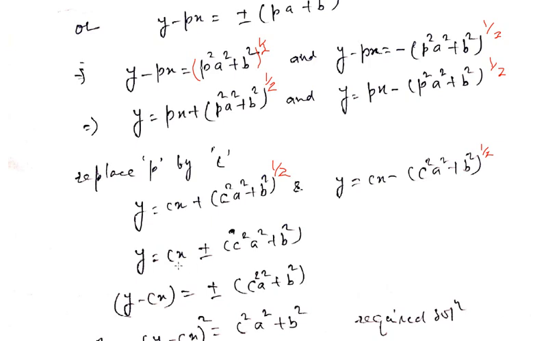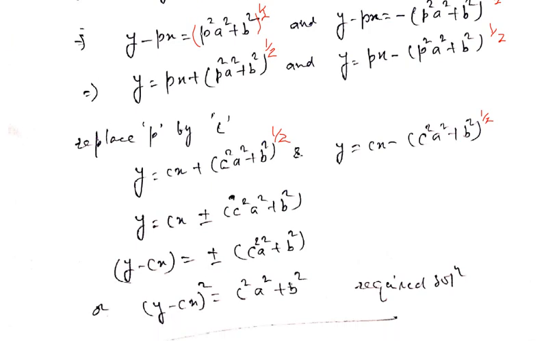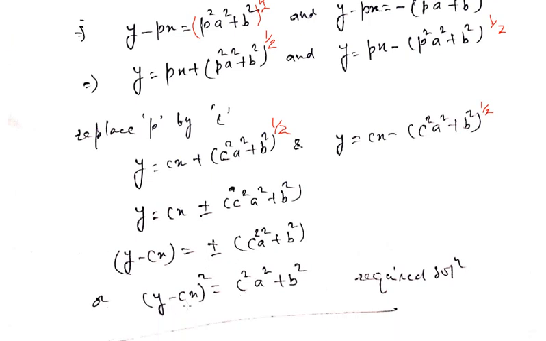Or we can rewrite it as y is equal to cx plus minus this power half, or shifting cx to the left hand side, we get y minus cx is equal to plus minus square root of (c square a square plus b square). Now squaring both sides, we get (y minus cx) whole square is equal to c square a square plus b square. This is the required solution.